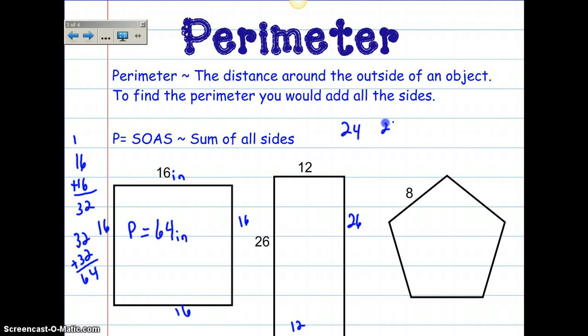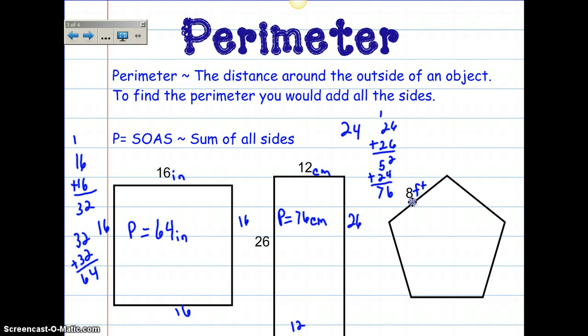And then I'm going to do 26 plus 26, which equals 52, plus 24. That's 76. So the perimeter would be 76. And whatever it's labeled as, if it's labeled as centimeters, I need to make sure that I label that also. So 76 centimeters.